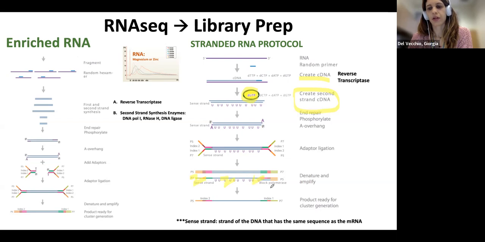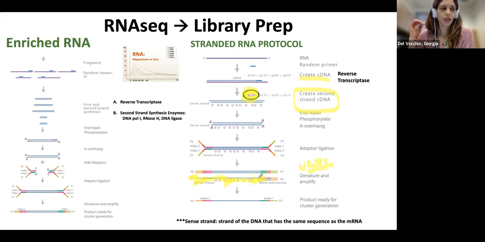How? There are two different approaches. One is commercialized by NEB and is by using a USER enzyme. It's called USER, but it's just a mixture of enzymes that will remove specifically the filaments that contain uracil.